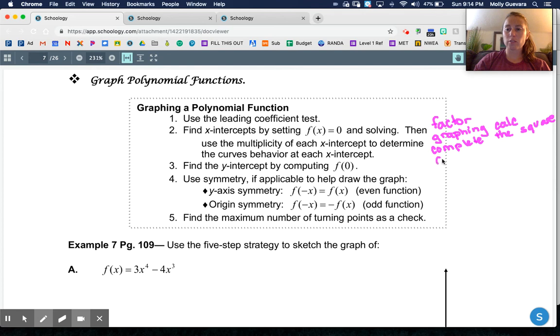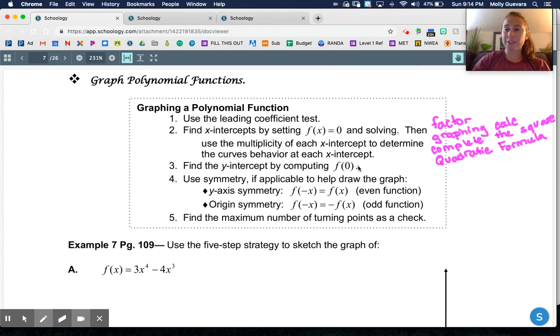Or we can use the quadratic formula. But we're just going to find the x-intercepts however we have to do it. And then determine the multiplicities at each x-intercept.